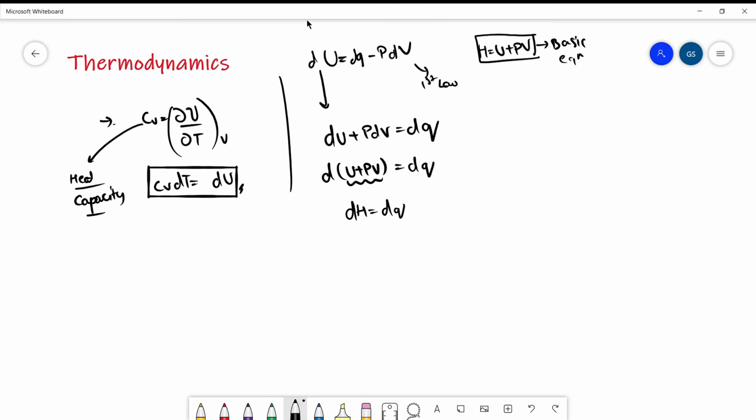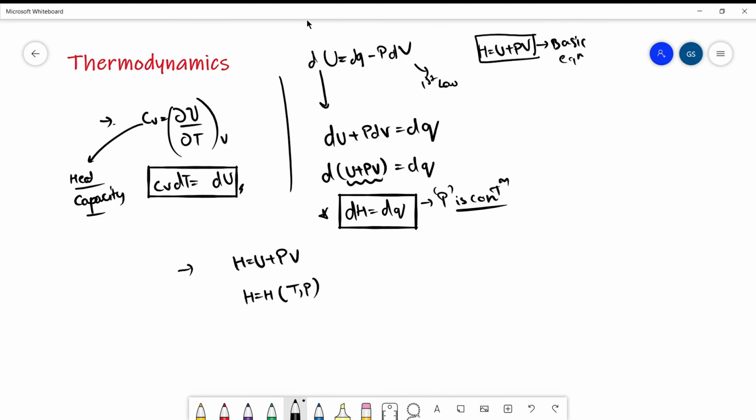What is the condition here? Pressure is constant. So we can say that dH equals dQ when our pressure is constant. So in the last video I told that dH is equal to dQ, and here I have shown how it is. Now moving on, H is nothing but U plus PV. We also know that H is dependent on thermodynamic variables like temperature, pressure and volume. Let's take two of them.